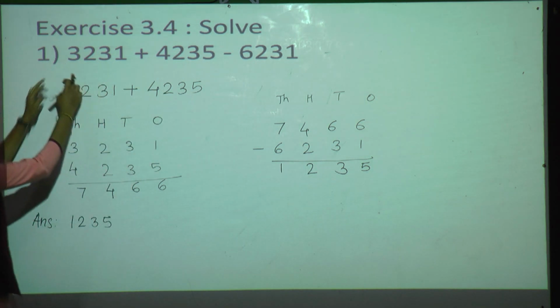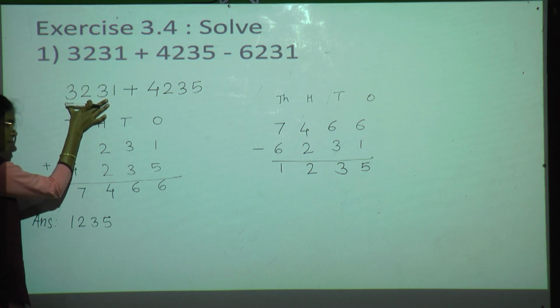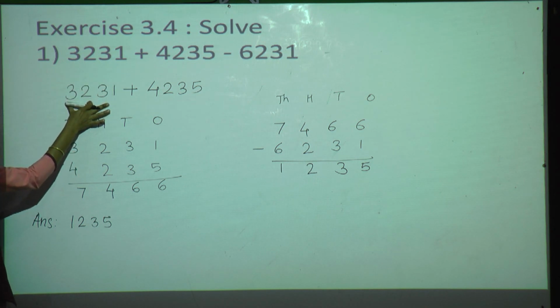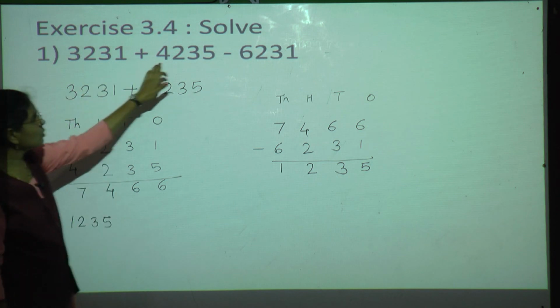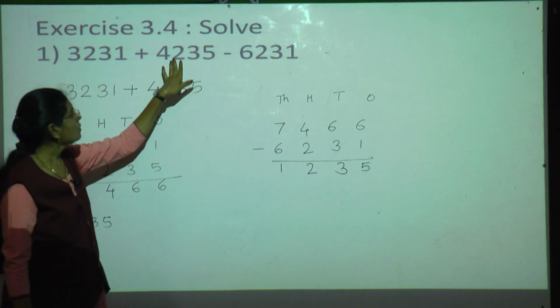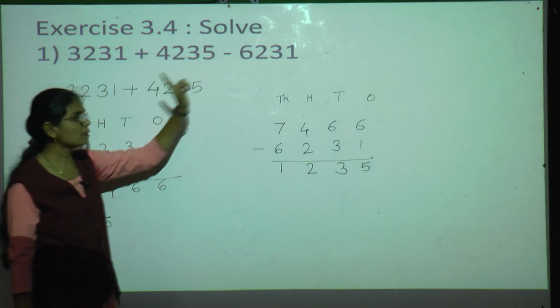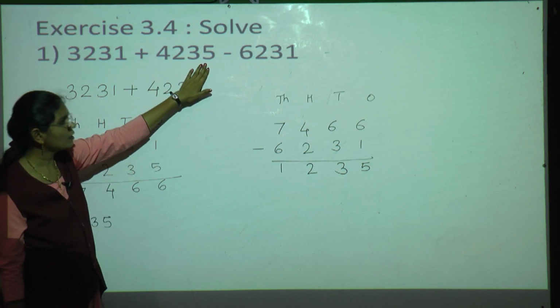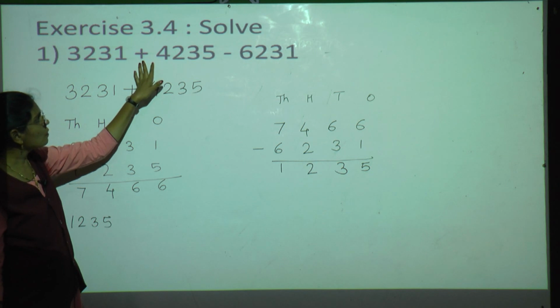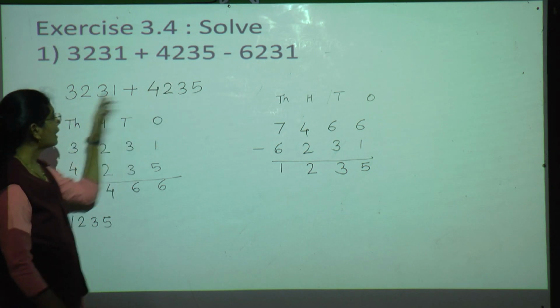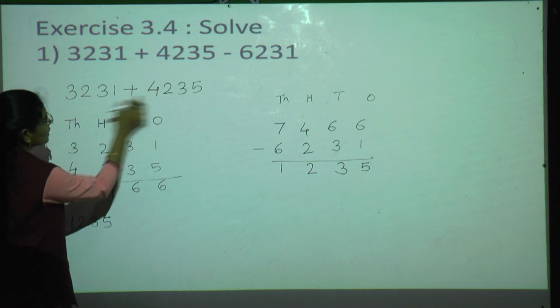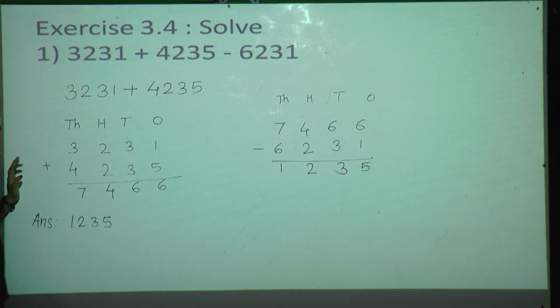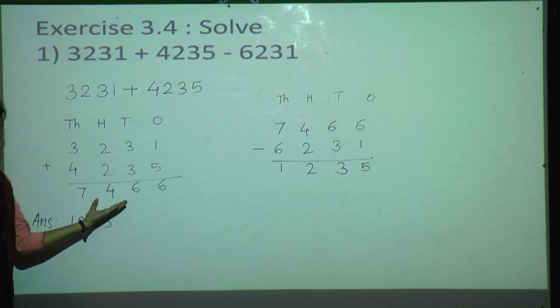Of the remaining two numbers, the number which has plus sign before it is 4235. So we will take this number and do the addition of these two numbers. Then whatever sum we get, sum means the answer of the addition.